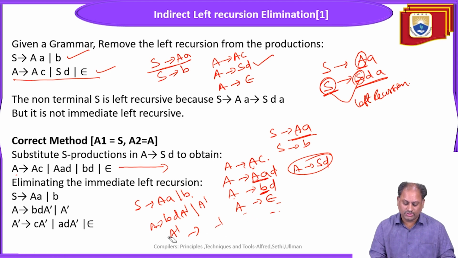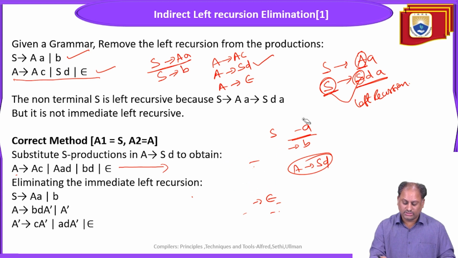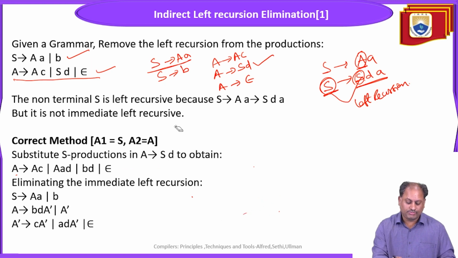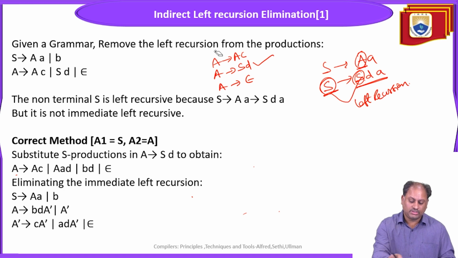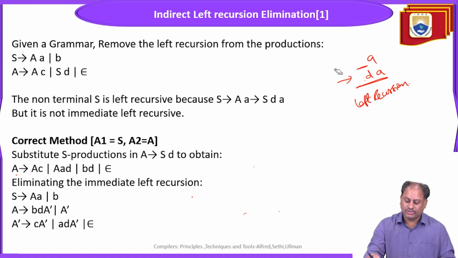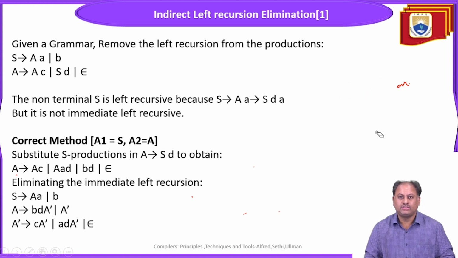So in this way we can eliminate immediate left recursion, where the non-terminal is not directly defined, and by substituting another non-terminal there is a chance of getting indirect left recursion.